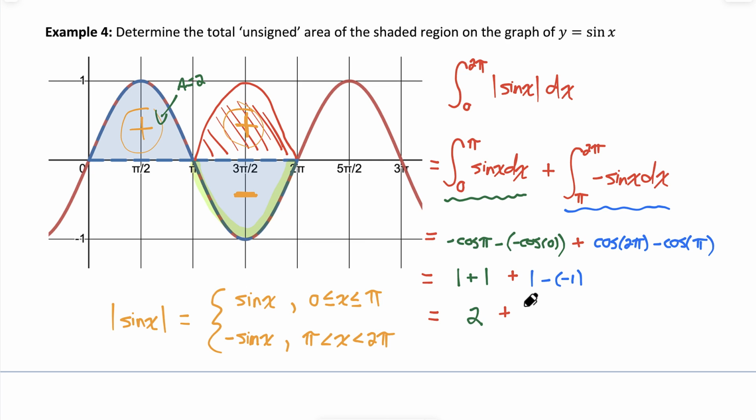So 1 minus negative 1 is also 2. So the area of this section is also 2. If we just did a normal definite integral, it would tell us that the area was negative 2, but we took its absolute value, so we figured out its area was 2. So I have 2 plus 2, which is 4. The total area of those shaded regions put together is 4.